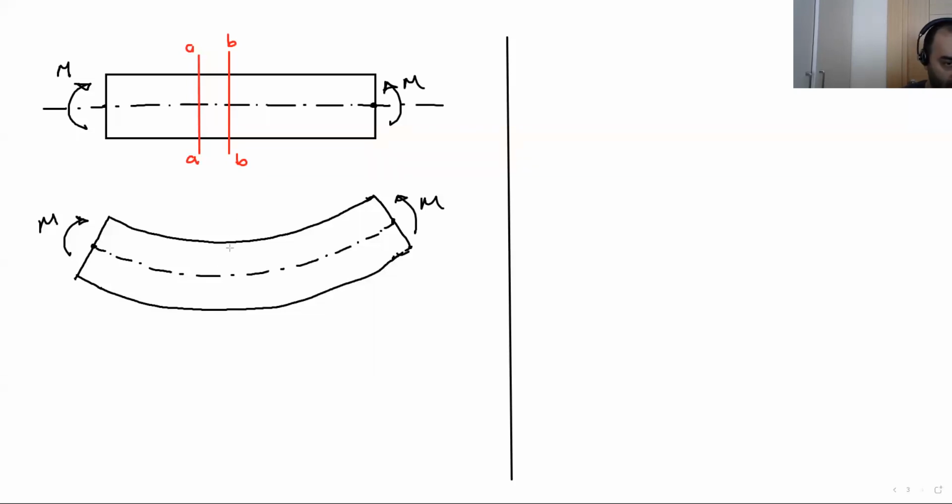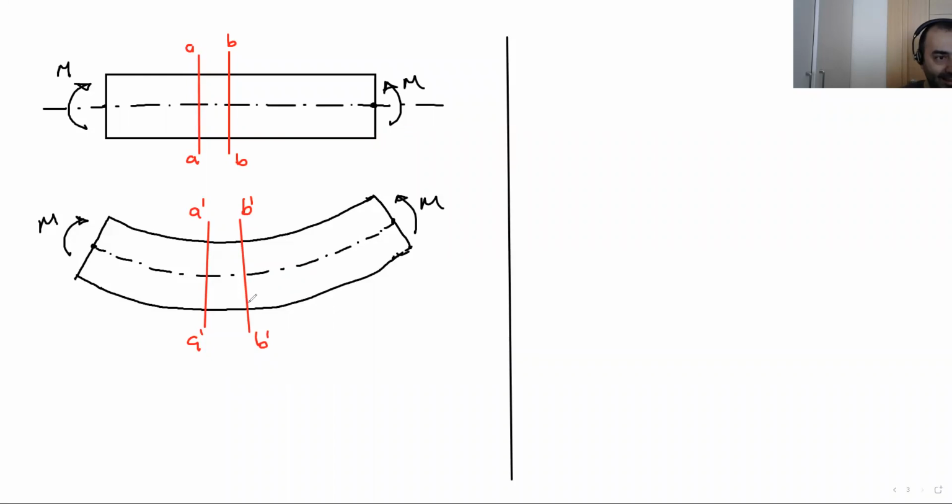Let's draw the A and B sections on the second sketch. Here we go. A is over here, B might be over here. But the critical issue here is A prime and B prime.